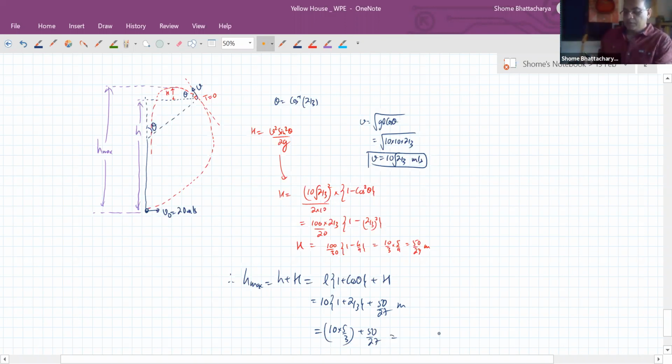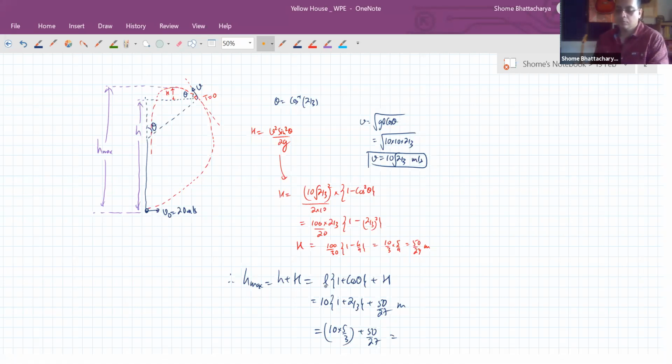You can calculate that. So approximately 18.47 meters.